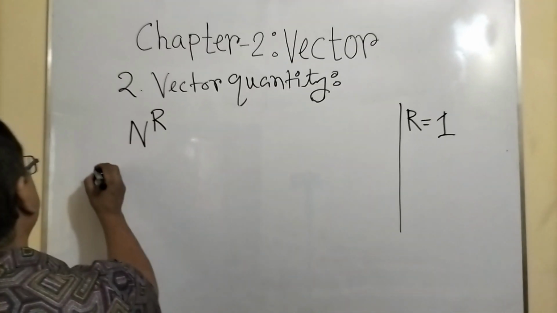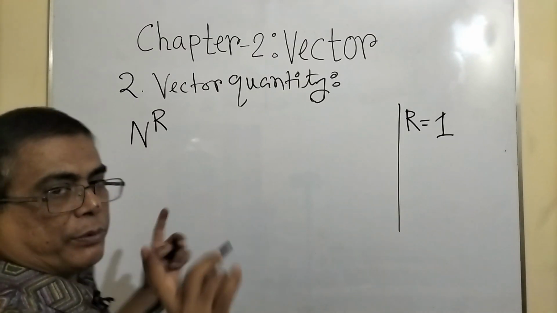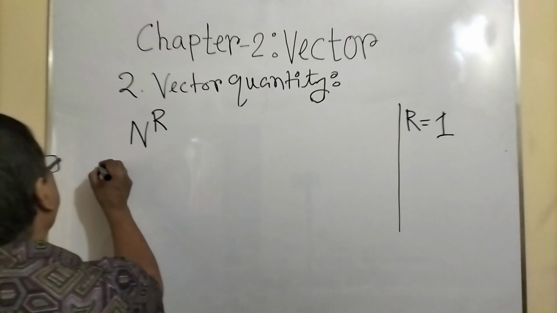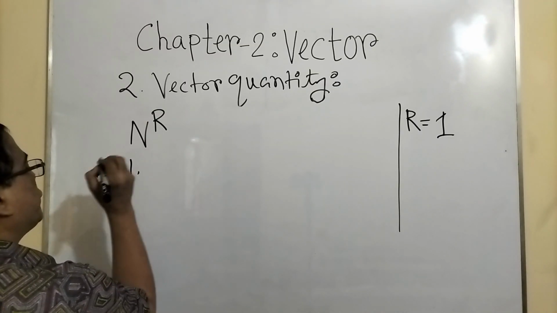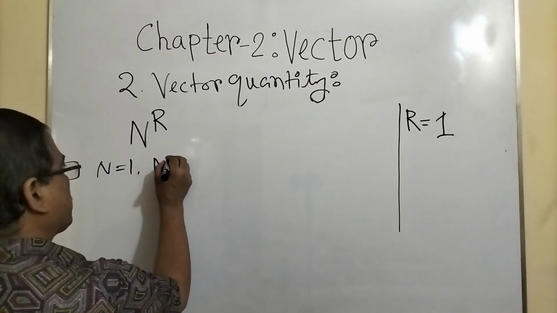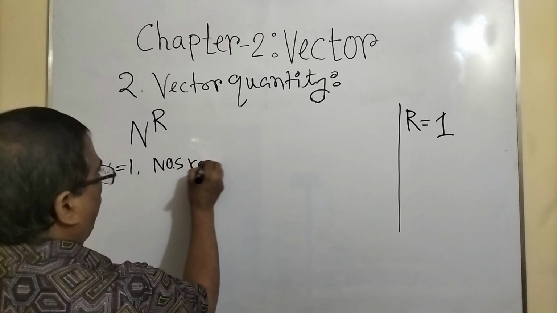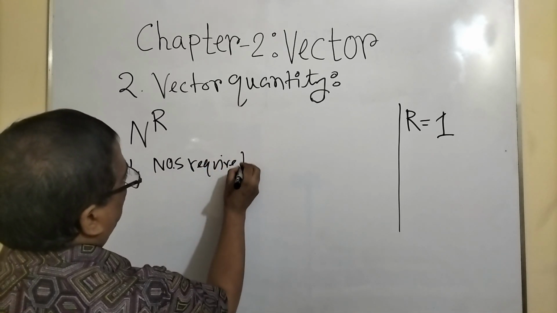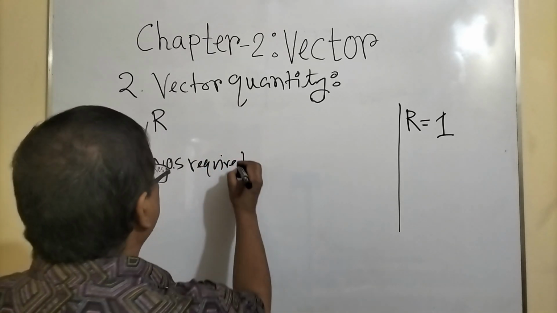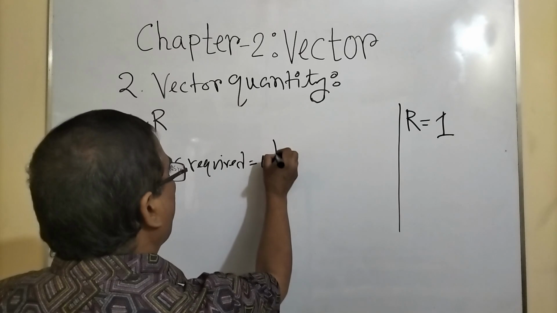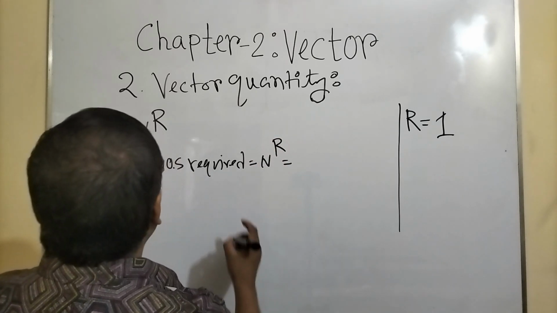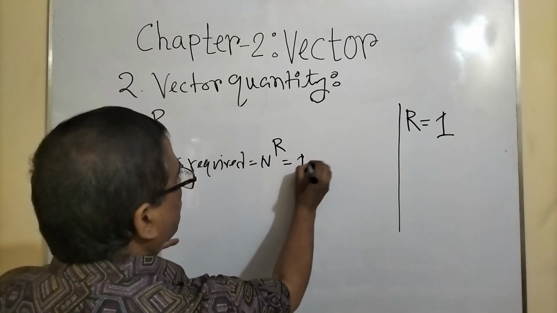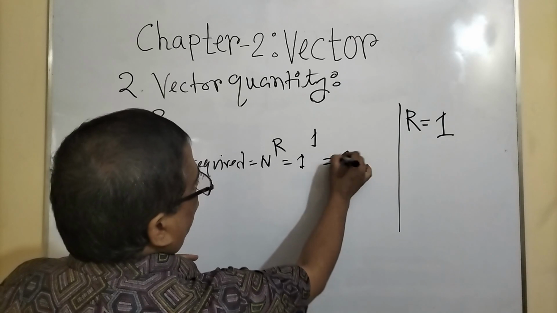When a vector quantity is in one-dimensional space, n equal to 1, then the numbers required to represent the vector quantity equal n to the power r equal to 1 to the power 1 equal to 1.